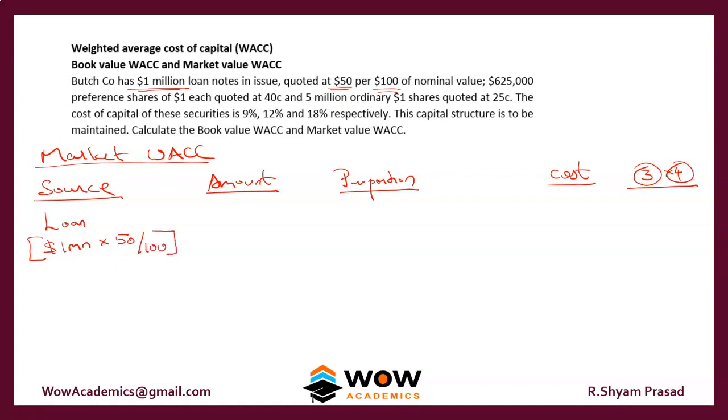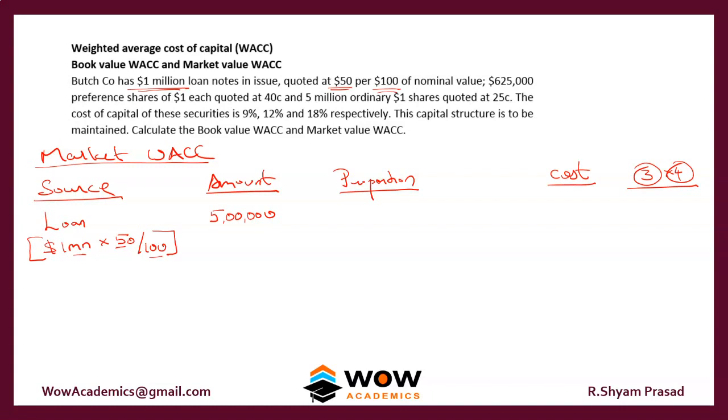So divide this, you will get the answer. You divide them. Once you divide, you will get the number of loan notes, multiply by the market value of each loan note, that is 50. So you will end up with this value.